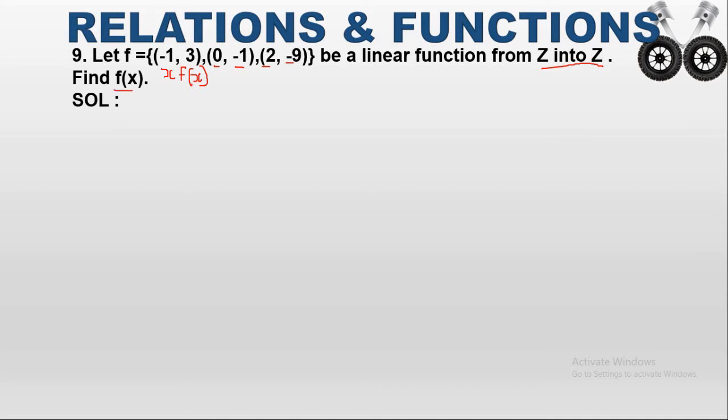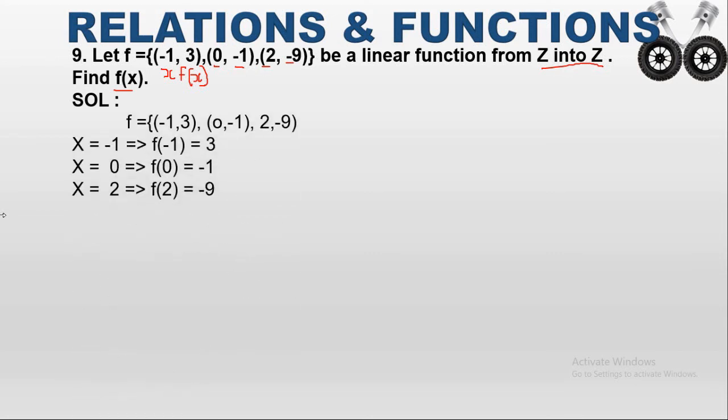So the f of x values are given as 3, minus 1, minus 9, but the operation is not given. What is the operation that is performed to find the answer for f of x? That is not given. So we have to find the operation for f of x. For that, first we will write f equals the ordered pairs (minus 1, 3), (0, minus 1), (2, minus 9).